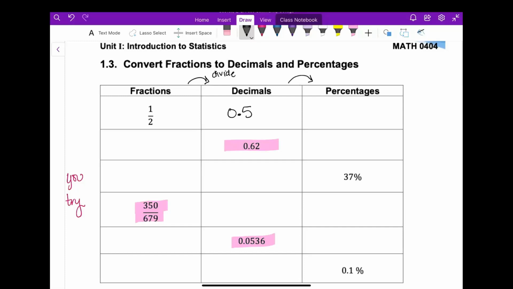So what I need to do is multiply, and that's one way. Okay, don't think these are two steps. This is one method. Or some of you might know that you need to move the decimal two places to the right.